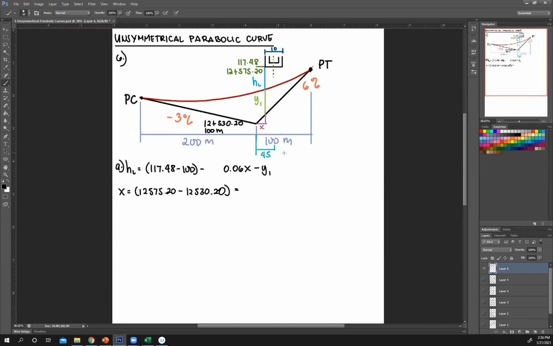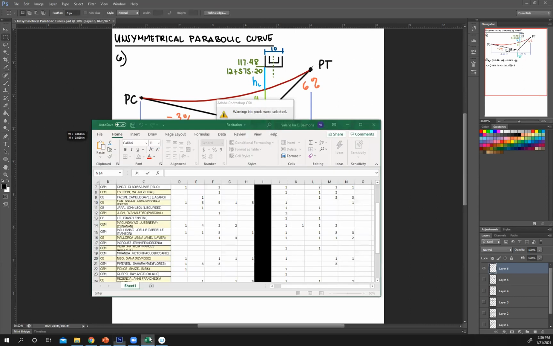So x is actually that 45 minus half of the width, which is 5. So 40. Thanks for letting me know.